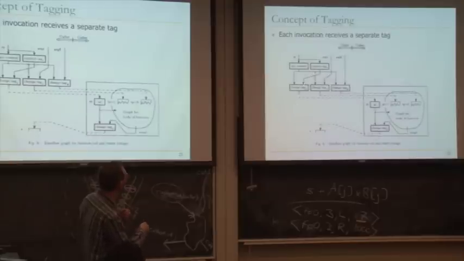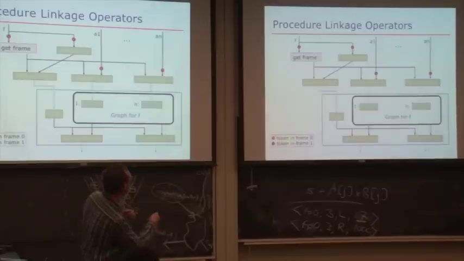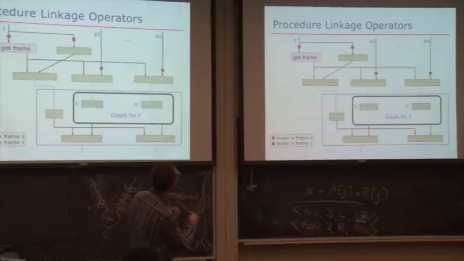So let's take a look at that. Basically, this is the caller. There are some nodes that extract the tag of the caller. And I guess I'll animate this. This is the caller. And these are the inputs to the function, let's say A1 through AN.